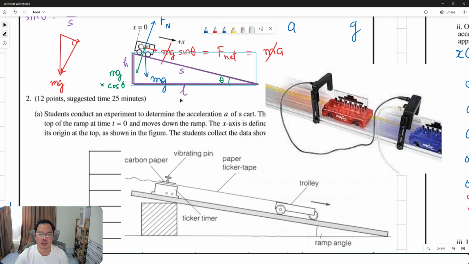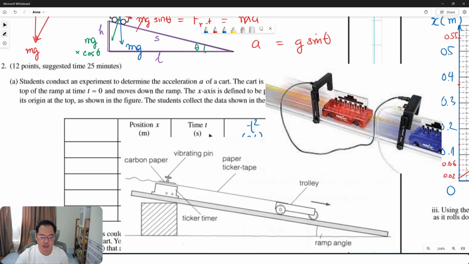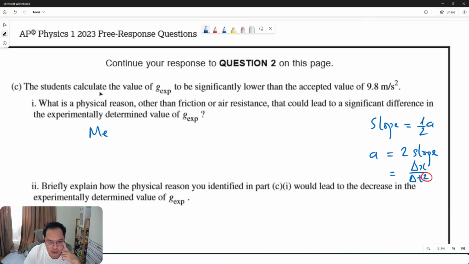Put the photo gate at two different positions. Let the digital clock start when the card moves through the first gate, and then when the card goes through the second photo gate, the digital clock is stopped automatically, and we can measure the time accurately. But the more challenging thing is measuring the time accurately, and the time is where it will be more significant in making the experiment inaccurate, increasing the uncertainty of the experiment.